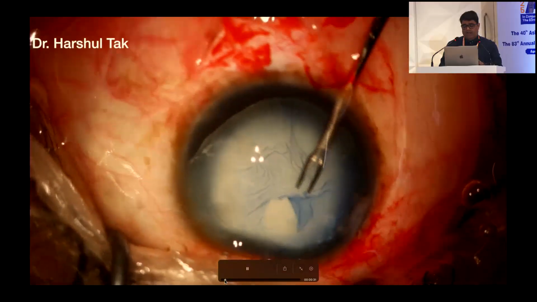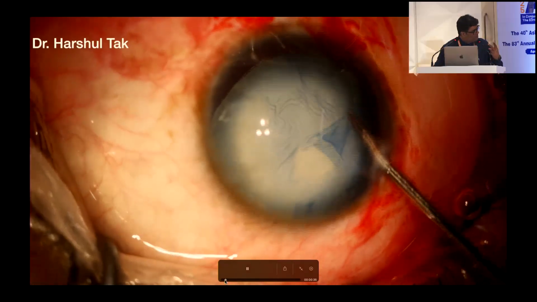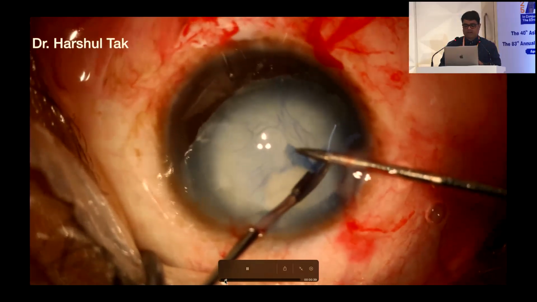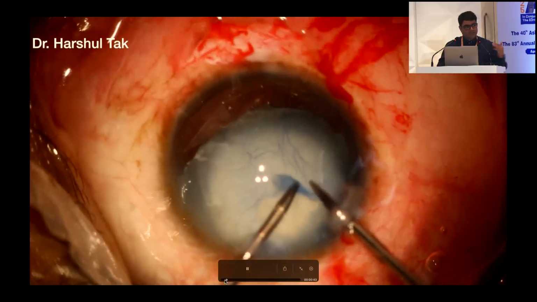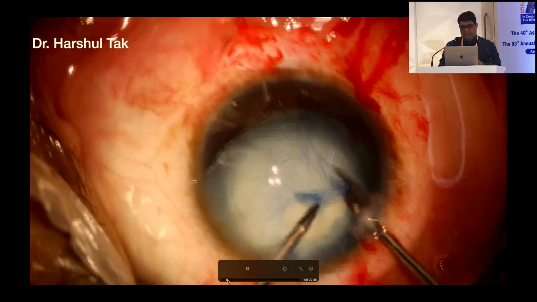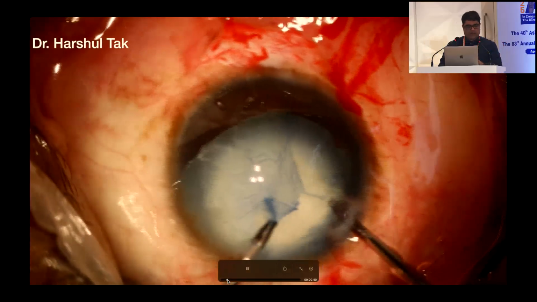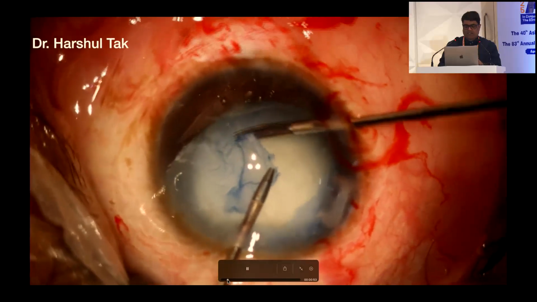Once you reach the area of fibrosis, you may need to use a bimanual technique. Keep holding the flap with one hand and go with the left hand, and you need to go through various angles, and if needed, 1 or 2 extra side ports are also essential to go through the correct angle.